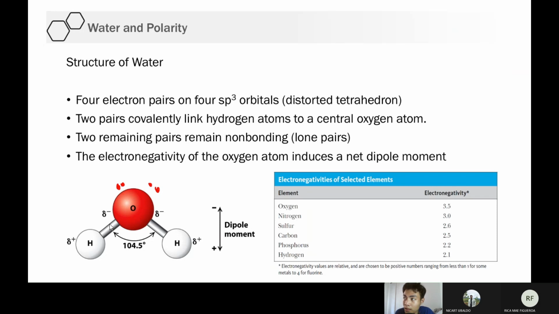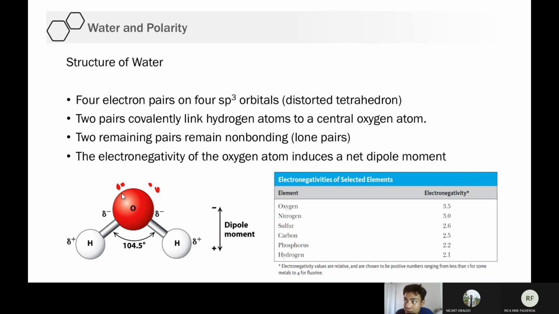The OH bond. Okay? So, kung kukunin mo yung kanyang molecular geometry, that is actually a distorted tetrahedron. Pag kinuha mo yung electron geometry, that's bent. Okay? So, our central atom here would be the oxygen, and then our terminal atoms would be hydrogen.